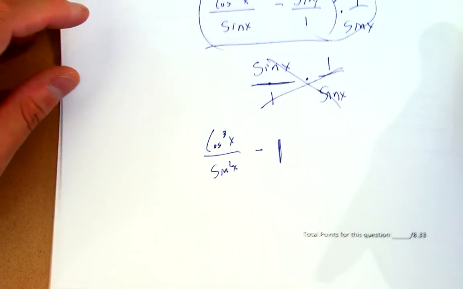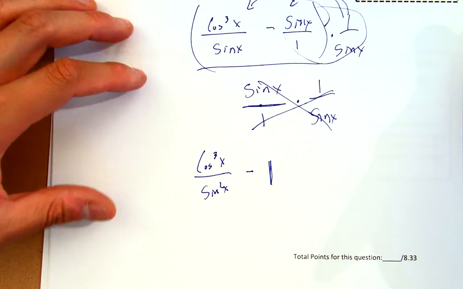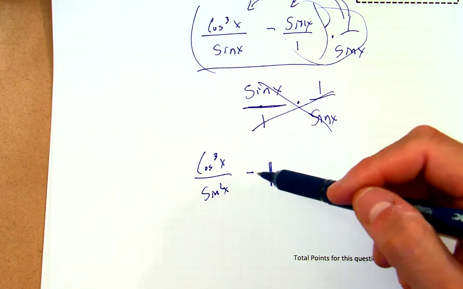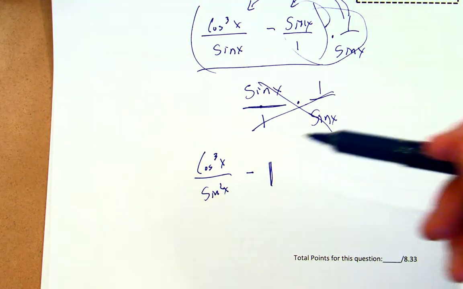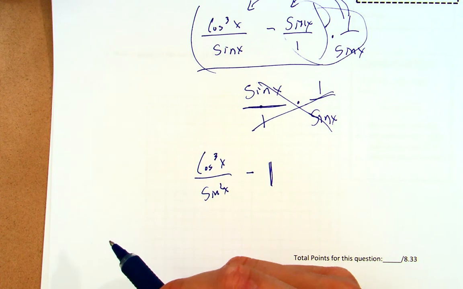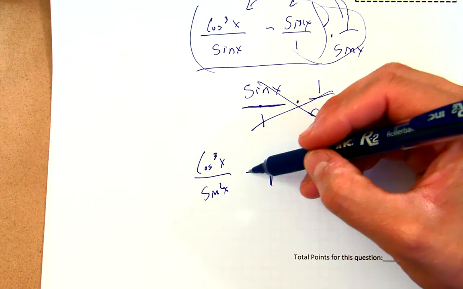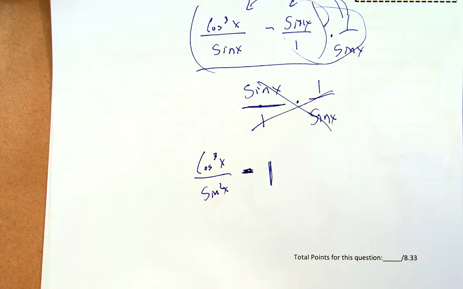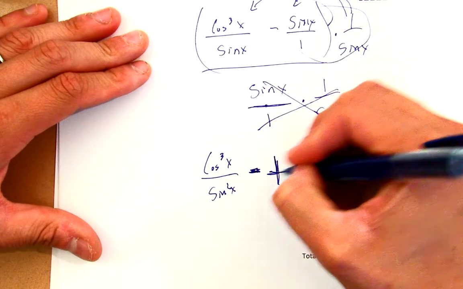So what do we do? Right. So, when you get to this stage, you need to think about what you need to do. What is it asking me to do with these two things? Subtract, right? So how do I subtract fractions? Right. It's 1 over 1, right?